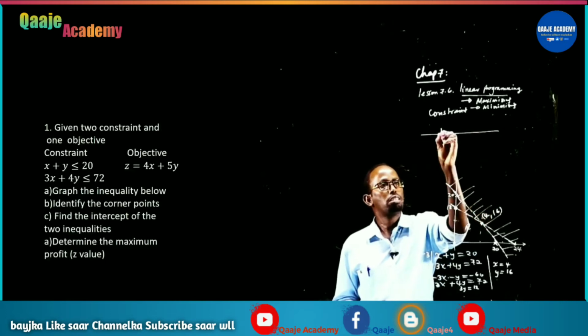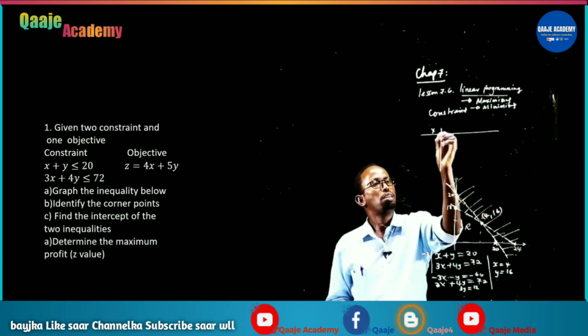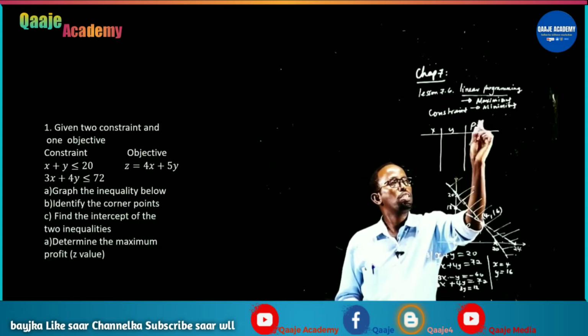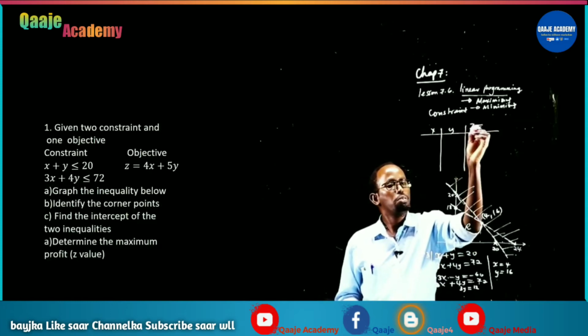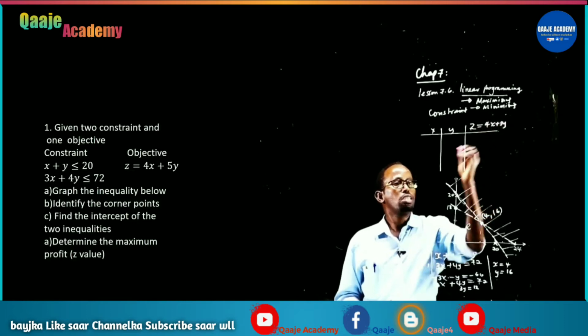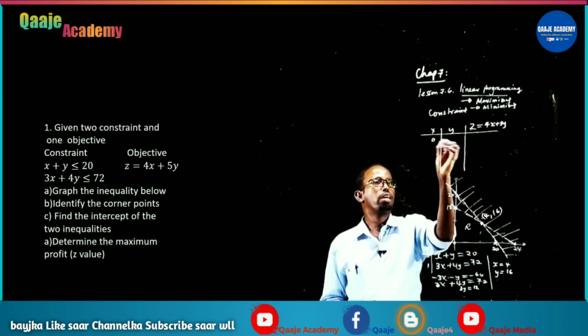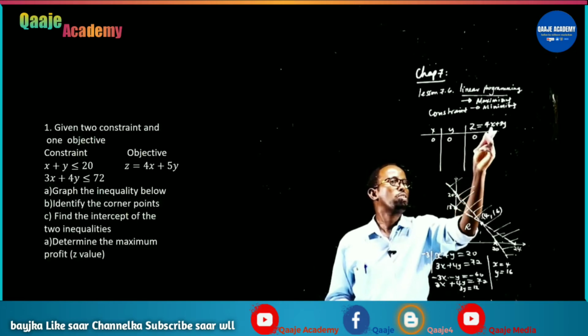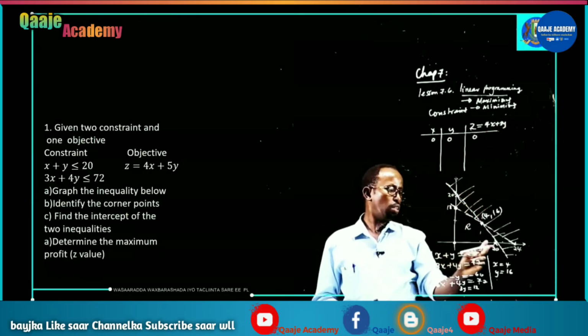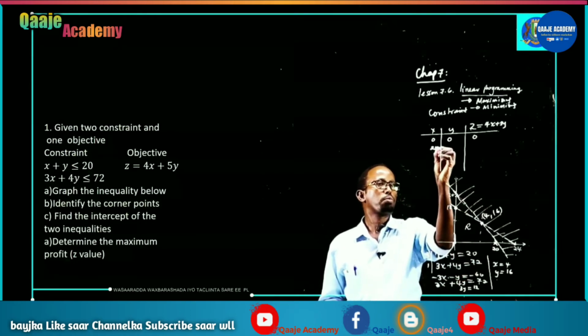There you write x, and then y, and then the profit, which is z, you have 4x plus 5y. So the first one is 0, 0, this one will also be 0, because 4 times 0, 5 times 0, everything is 0. The next corner point is 20, 0.